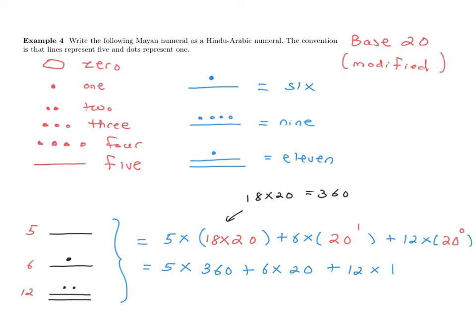Okay, so 5 times 360 is 1800, and then 6 times 20 is 120, and then 12 times 1 is just 12. And if we add those three numbers together, we get 1,932. And this is the base 10 number that is represented by these numerals over here.